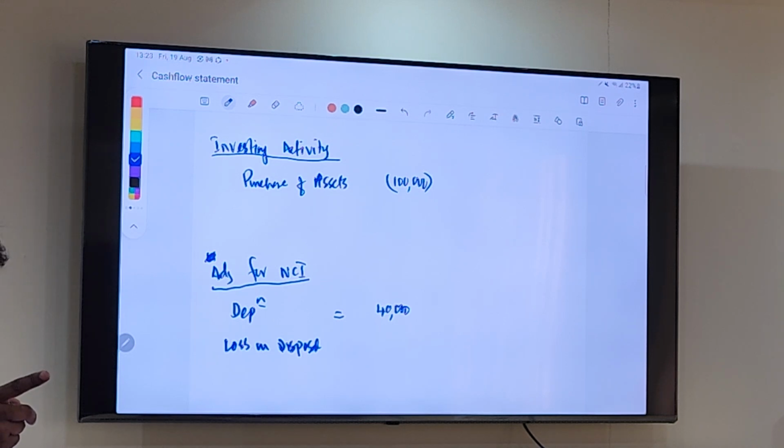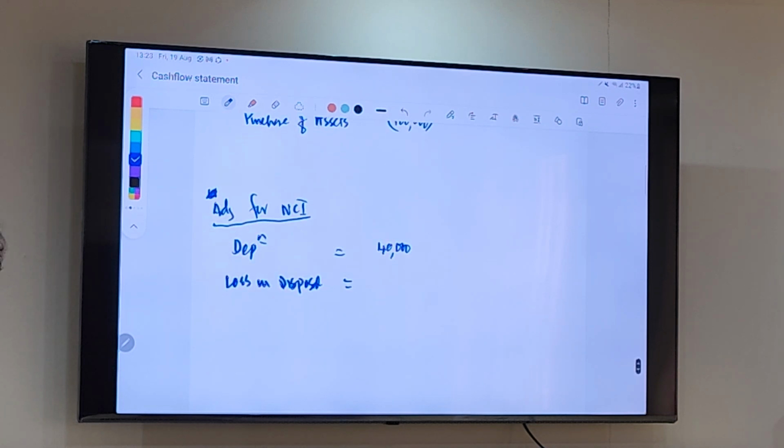If you check our notes from the last class, I have given you this there. And you have to remember that if it's a loss, it's a plus, but if it's a profit, it's a minus.